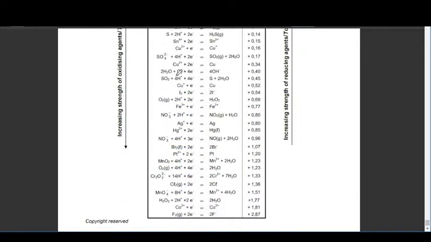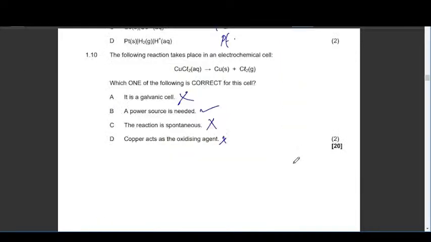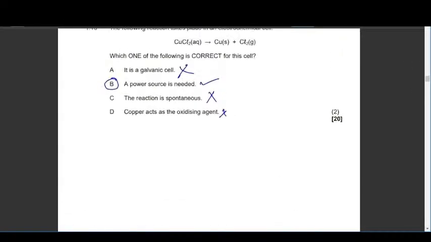Copper is up and chloride is down. So copper is oxidized. Therefore, it becomes a reducing agent, because anything which is oxidized causes the other one to be reduced. So copper can't be an oxidizing agent. So the most correct answer is B, the perfect answer. So we have managed to discuss the first objectives.